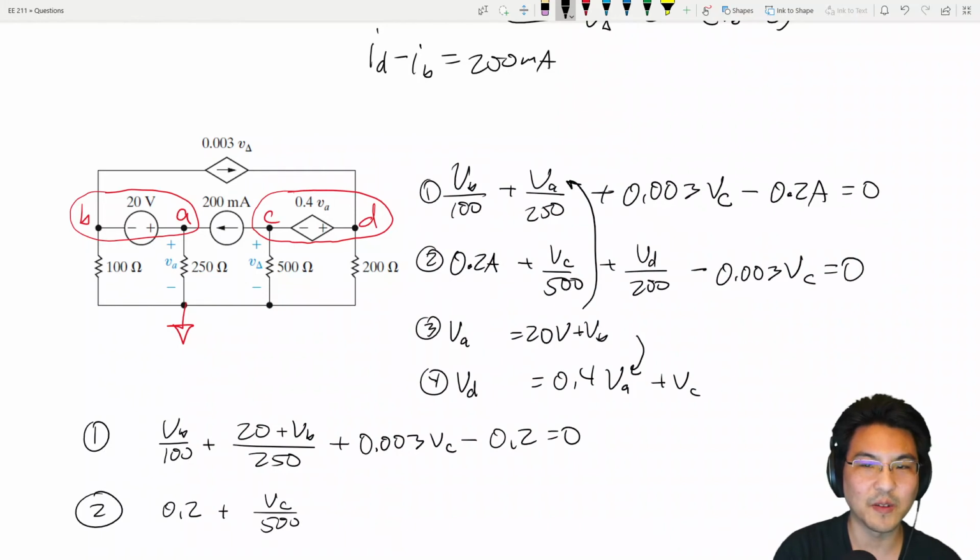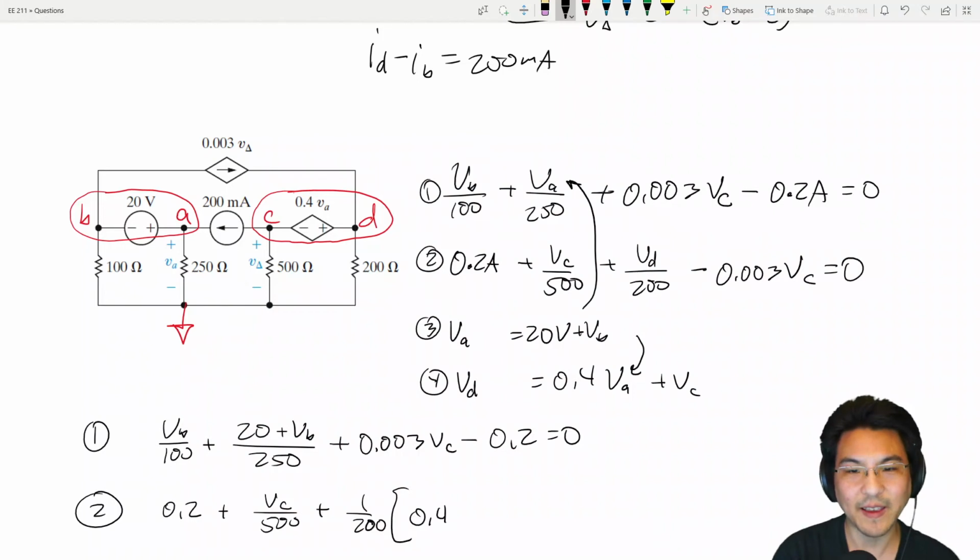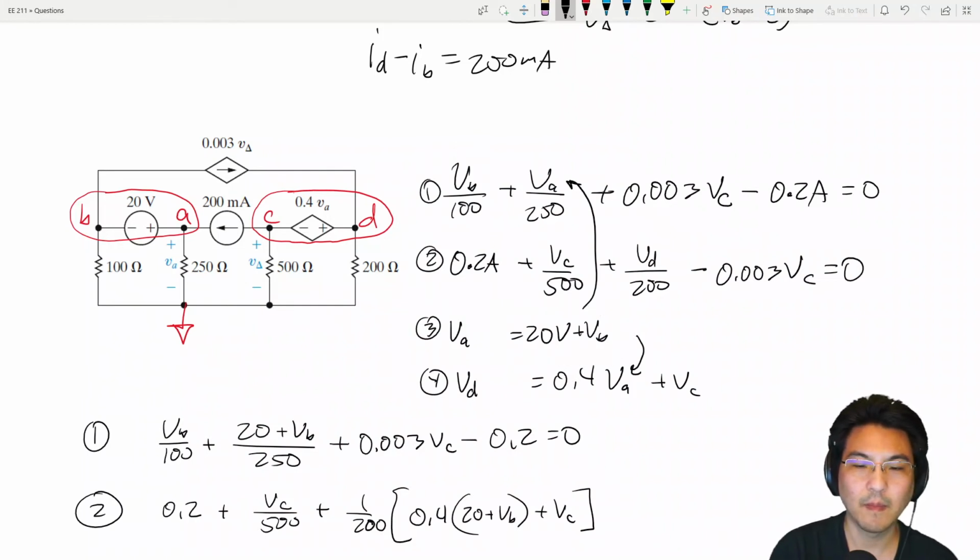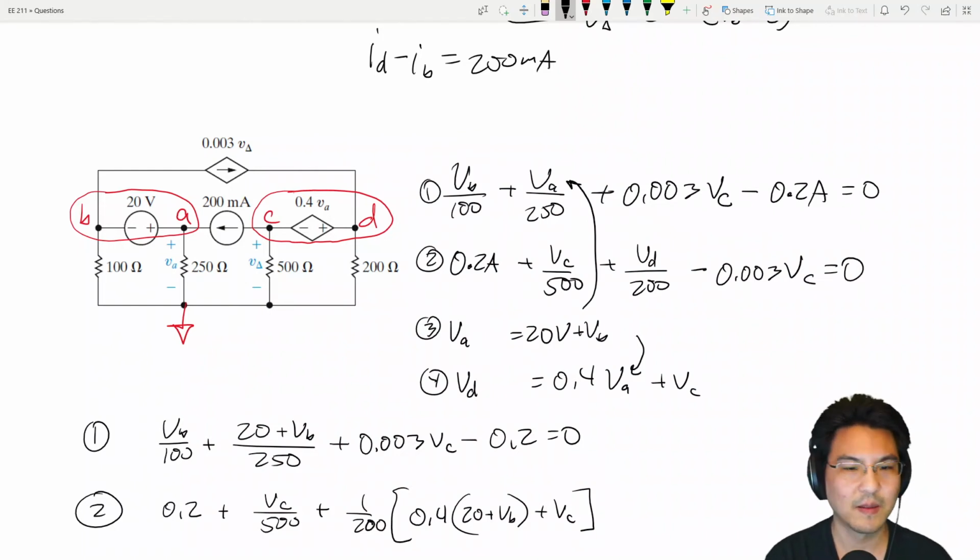2.2 plus VC over 500 plus VD, which is this. VD is 0.4 VA plus VC. And what is VA? 20 plus VB. And we are here now.